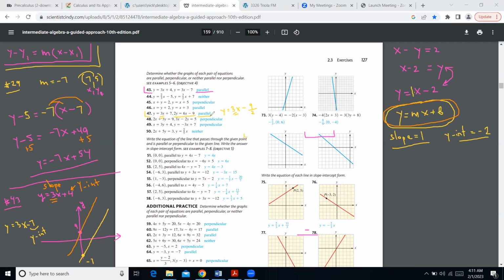There is one more observation that I want to make here. When those lines will be called perpendicular. So let me try exercise number 45 here, because we can see that lines there are perpendicular. So in that problem, we're going to have x plus y is equal to 2. Let me just copy those equations.